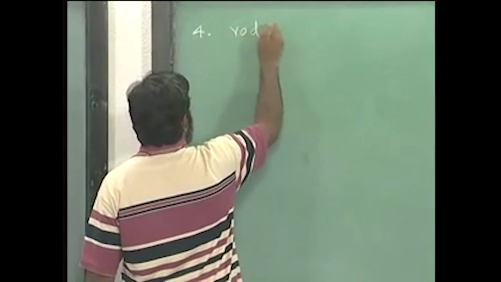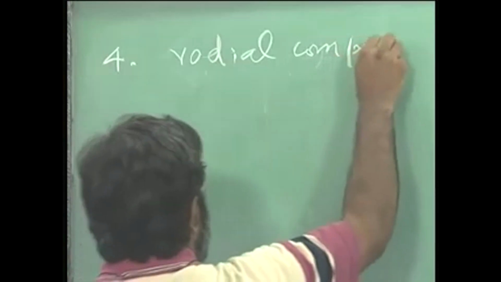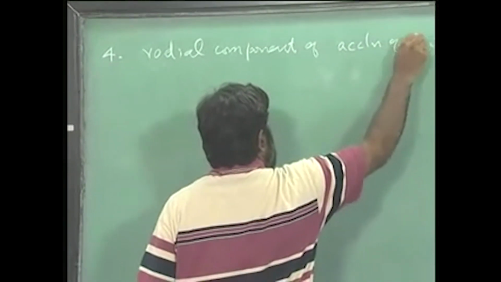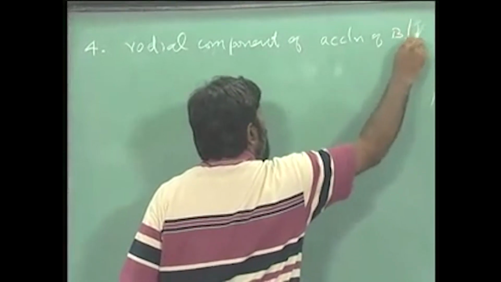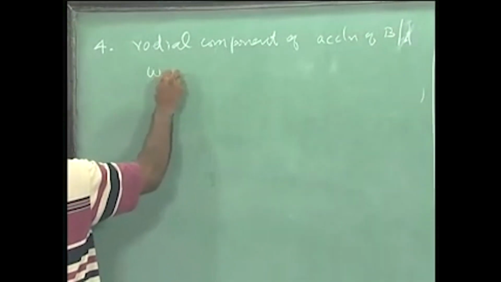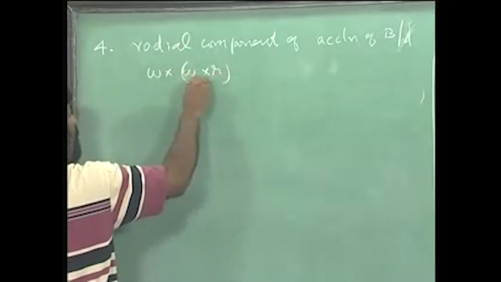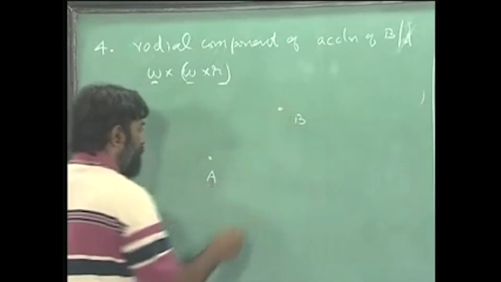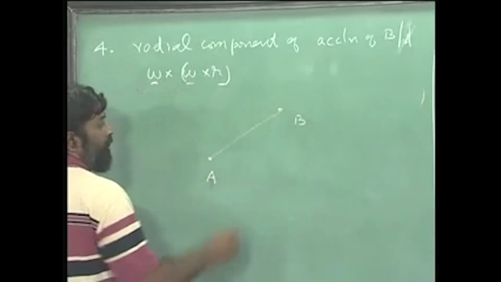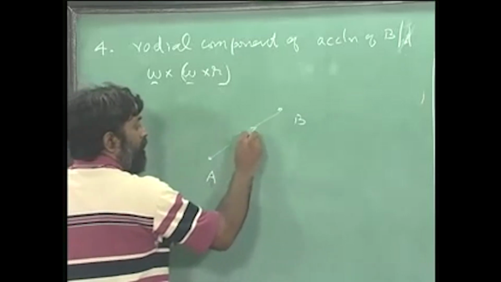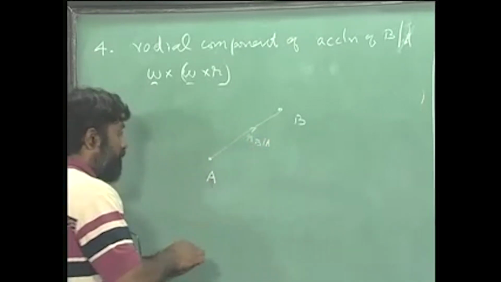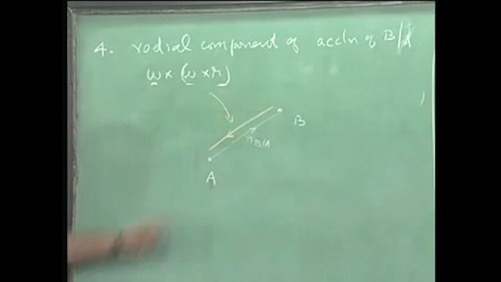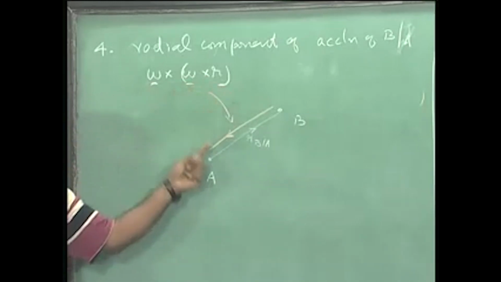So the radial component of acceleration of B with respect to A, which is omega cross omega cross r, will be such that if I have A here and B over here, this is the direction of RB with respect to A, this is the direction of omega cross omega cross r.